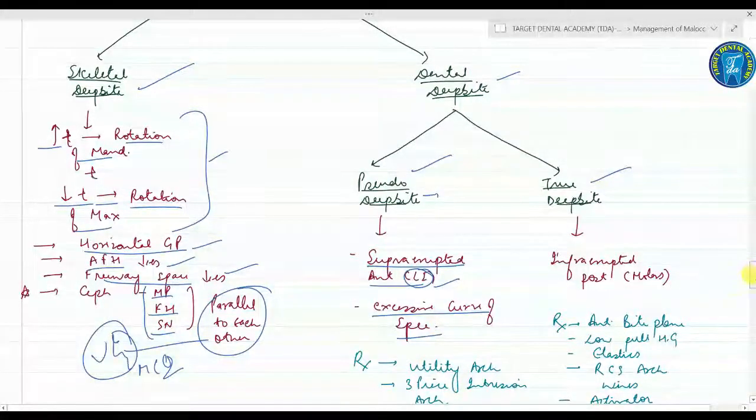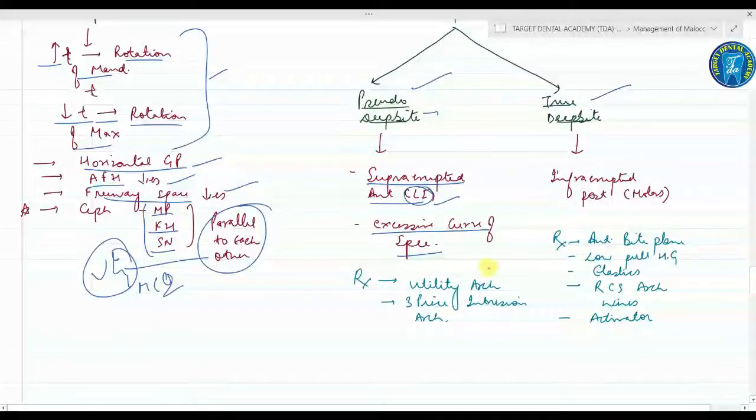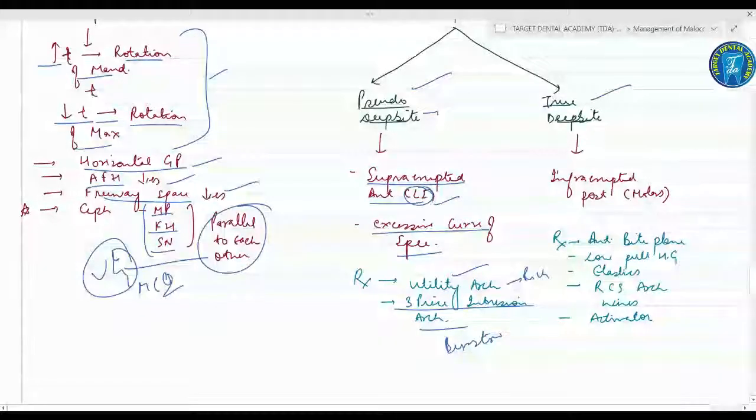The treatment in case of a pseudo deep bite is you can give the utility arch, which was given by Ricketts, or the 3-piece intrusion arch, which was given by Burstone. Fine. So in case of the pseudo deep bite, you will give your utility arch and the 3-piece intrusion arch.